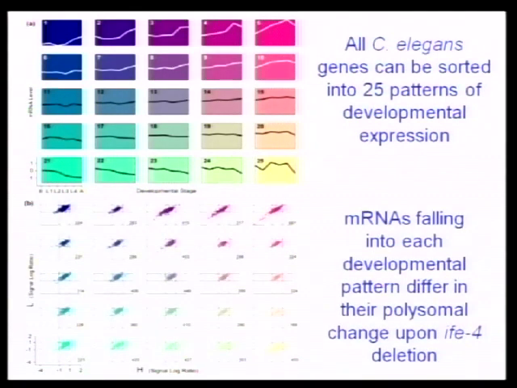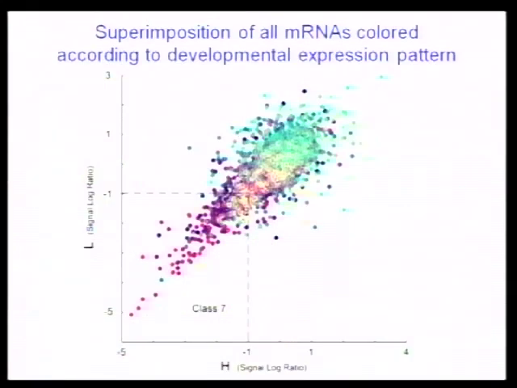You can then look at the polysome behavior, the same plot I just showed, and color them as well. And we see that the ones that are kind of purple have more messages that are in this quadrant here. So they're the most affected. And so you can see that when you plot them all in the same one. The purple ones really bias towards this quadrant of the plot.